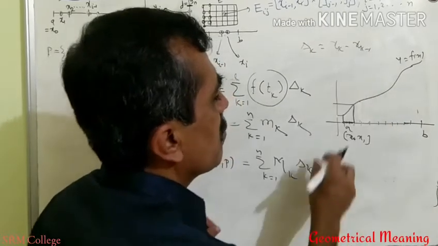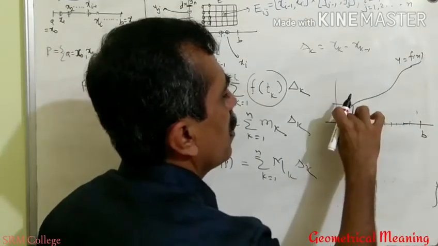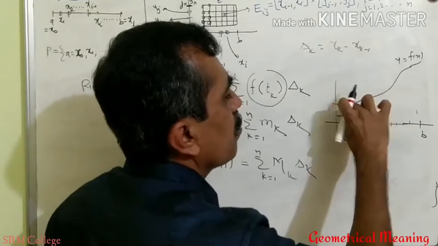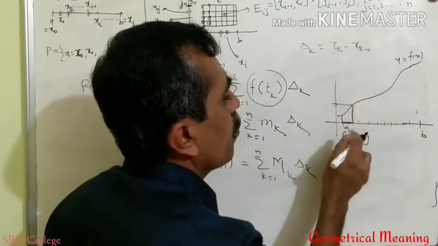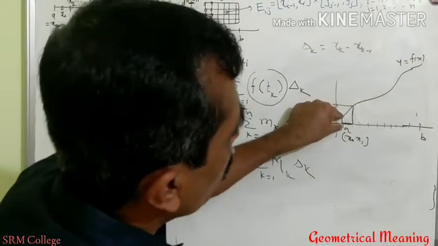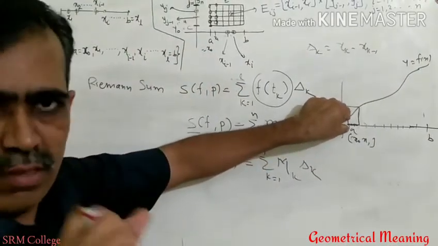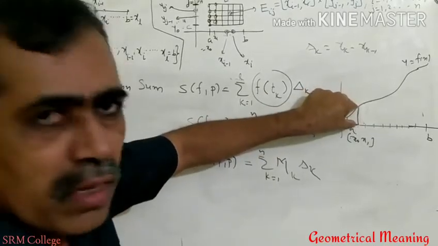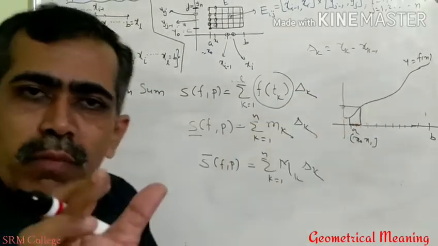So this is the infimum value of the function over this interval, and this value is the supremum value of the function on this subinterval. This is small m1 because this is the first subinterval, and this is capital M1, the supremum value of the function on the first subinterval.